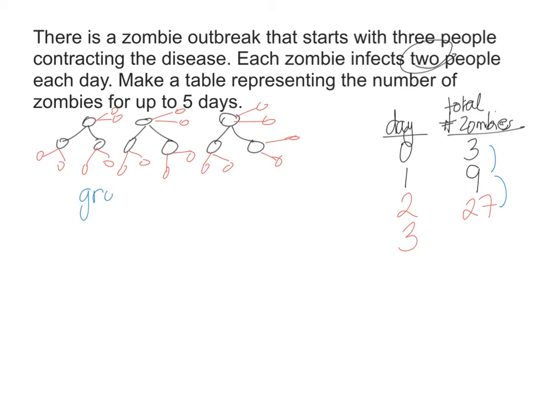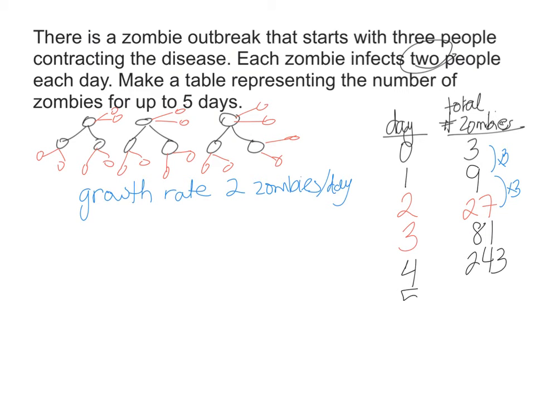Even though we grew by a rate of 2, the growth rate was 2 zombies per day, per person, per zombie. Our growth factor is the fact that I can easily get this by multiplying by 3 over and over again. So on day 3, we have 27 times 3 is 81, and on day 4, we have 243, and on day 5, we have 729.